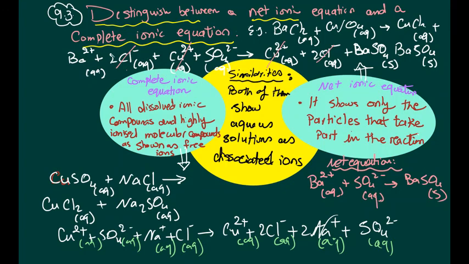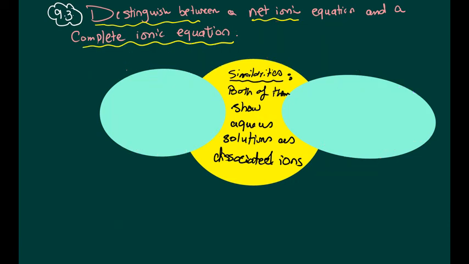So the only change happening in the reaction is the reaction between barium positive ion and sulfate negative ion to give a white precipitate of barium sulfate. So it shows only the particles that take part in the reaction. All other particles are spectators and should be removed from the net ionic equation, while the complete ionic equation has shown all the particles. Thank you.